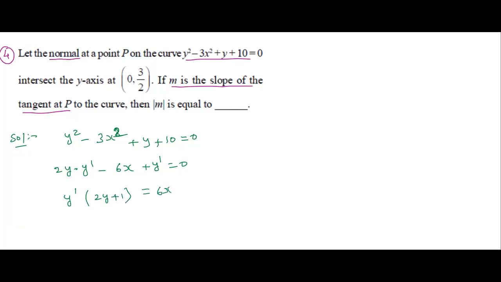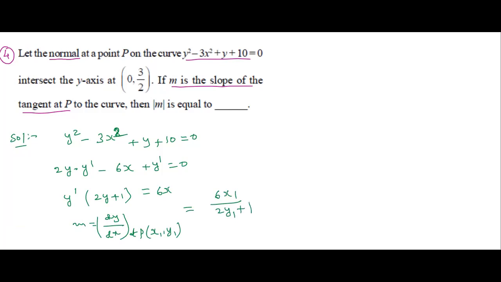Now slope of tangent dy by dx at point P (x1, y1). What do we get? 6x1 divided by 2y1 plus 1.